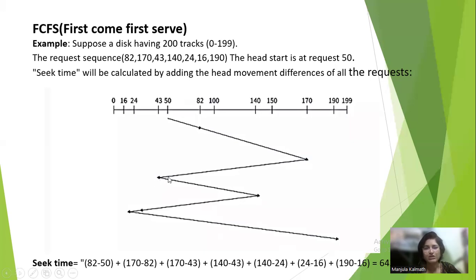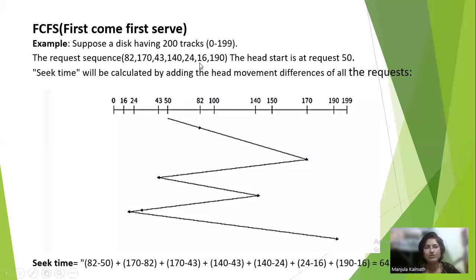So 140 minus 43, that it will be taking. This is the distance here. And again from 140, it goes to 24. So here we have 140 minus 24. And from 24, where will it go? 16. 24 minus 16. It means we always have to maintain a positive distance: the biggest number minus the smallest number.